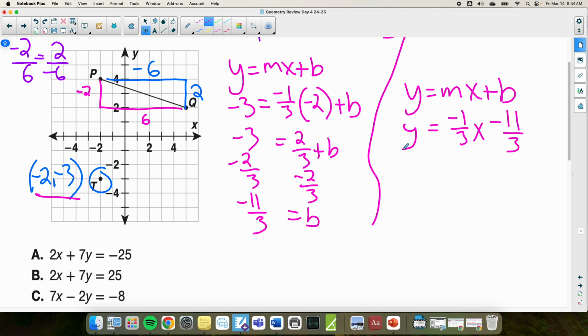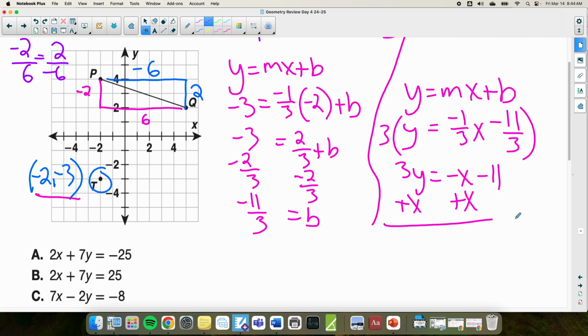If we wanted to put it in standard form, we want to get x to be negative 1, so multiply everything by 3. 3y equals negative x minus 11. We're going to add the x over because we want x and y to be on the same side. And x plus 3y equals negative 11.